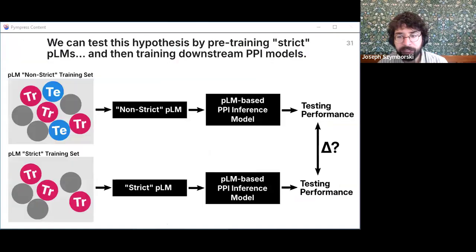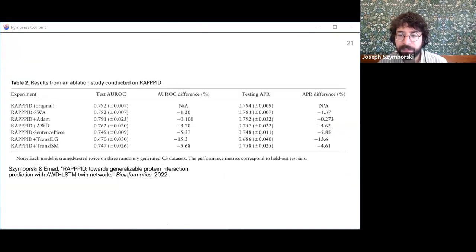So for example, on Rapid, we used as large a data set as we were capable of using, as large a high confidence one. In the bottom two rows, we replaced the encoder with a transformer, a large one and a small one.